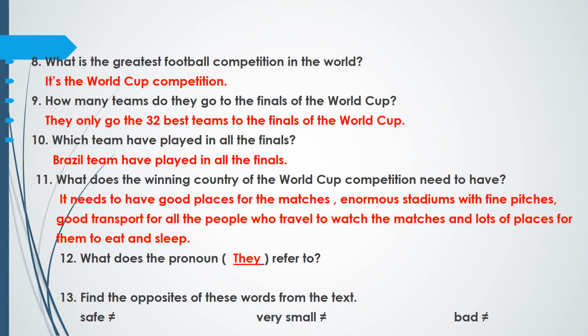Number 12. What does the pronoun they refer to? They refers to Brazil team. Number 13. Find the opposites of these words from the text. The first one, safe, dangerous. Very small, enormous. Bad, good.